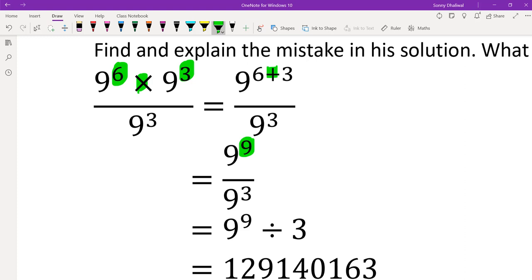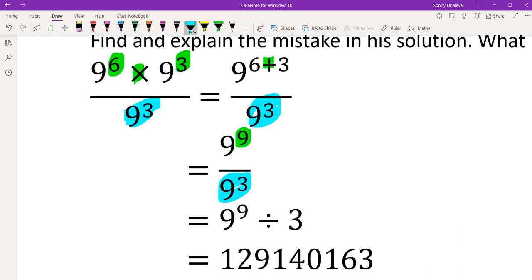So they showed one extra step. So that looks right, and it's still 9. And the bottom here is 9 cubed. So that looks fine. Let's go down to the next step.